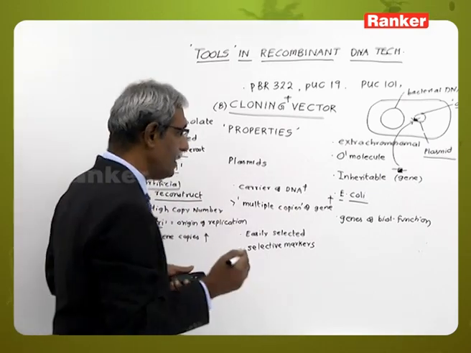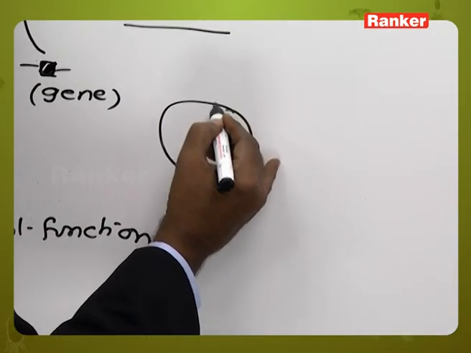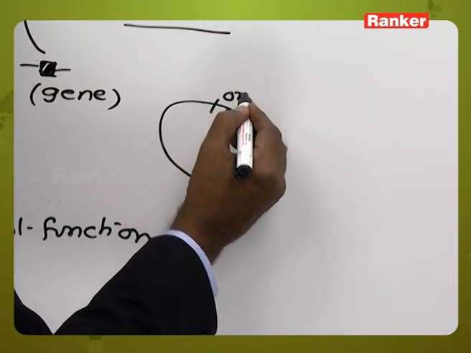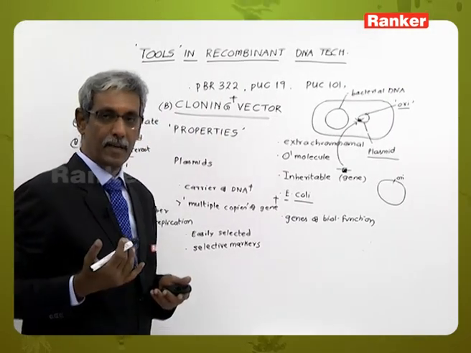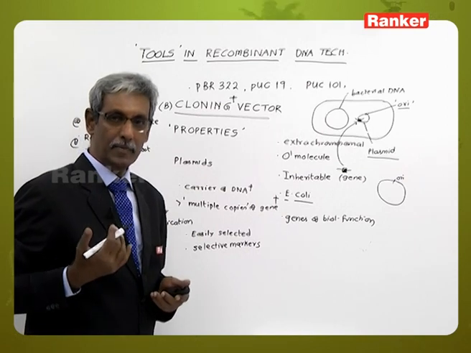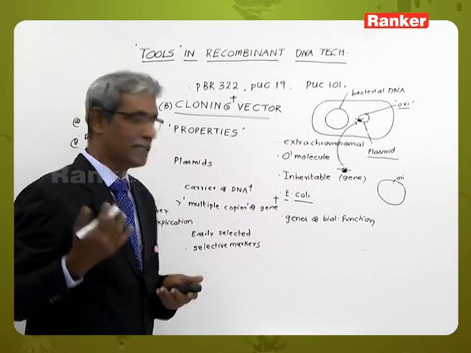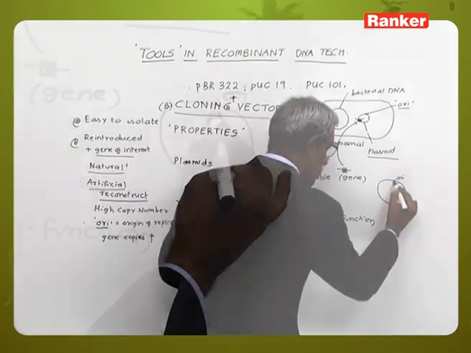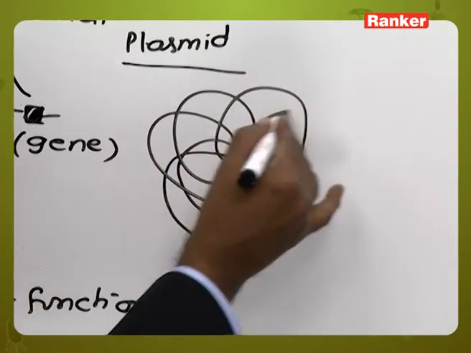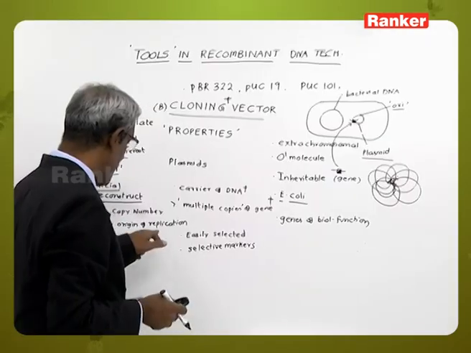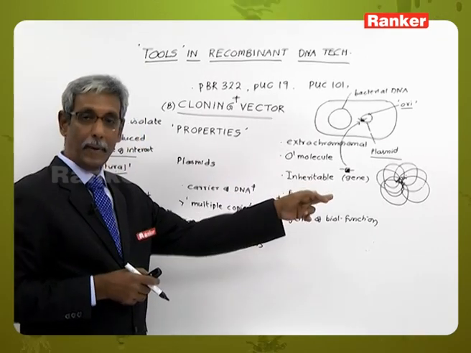So, a plasmid, the extra chromosomal circular DNA, which has an ORI, can make multiple copies of itself. Making multiple copies of the plasmid is analogous to blowing a lot of bubbles. So, you will have multiple copies of the plasmids which keep on coming just like bubbles. A plasmid has an ORI, and because of its ORI, it can make multiple copies.